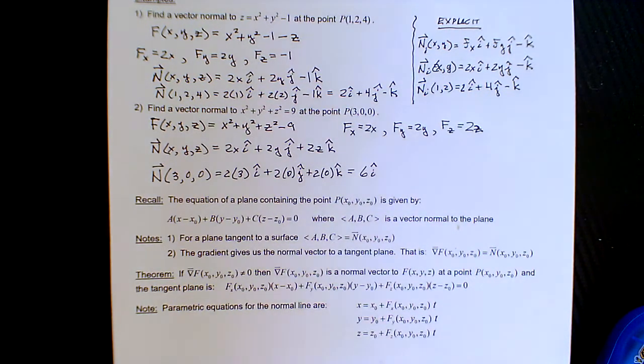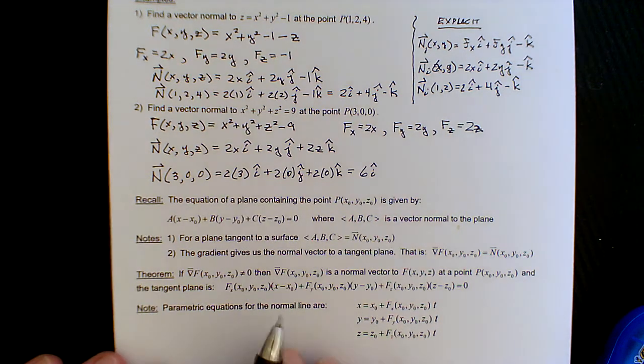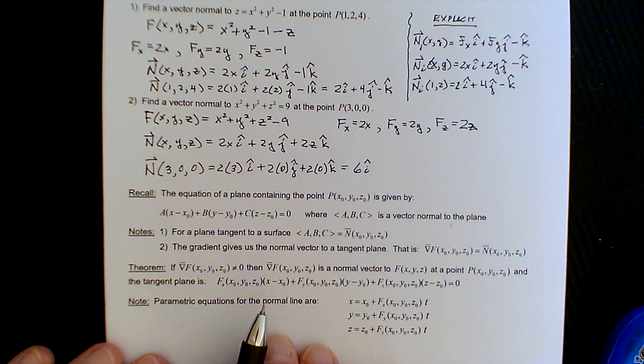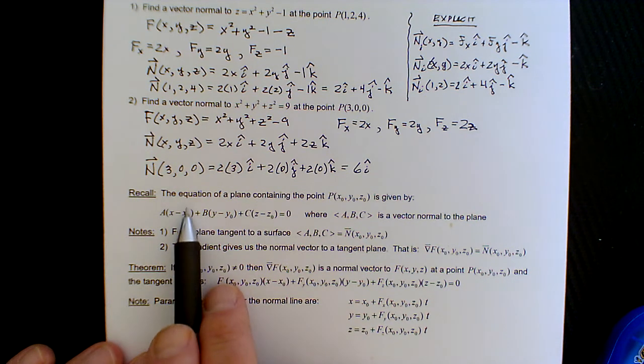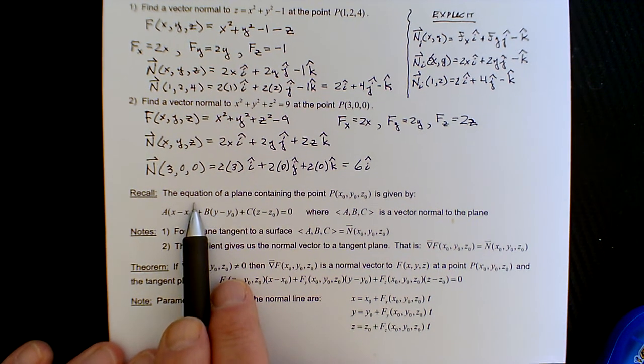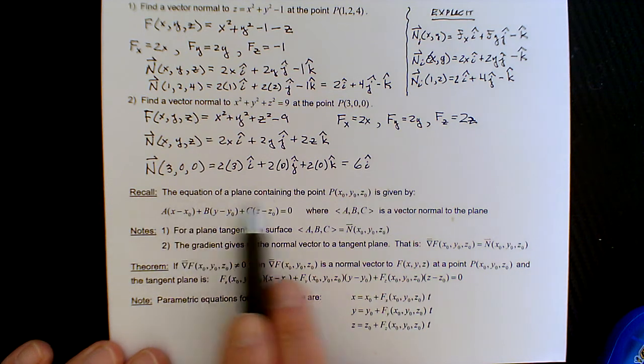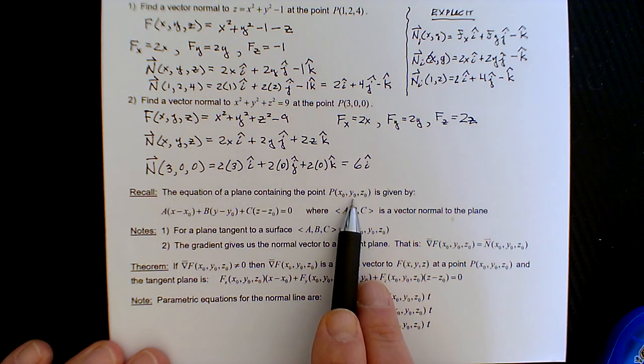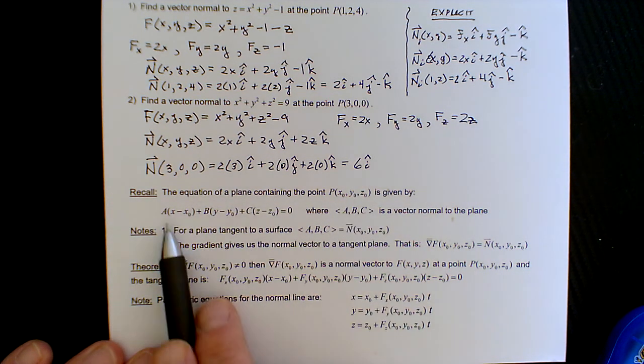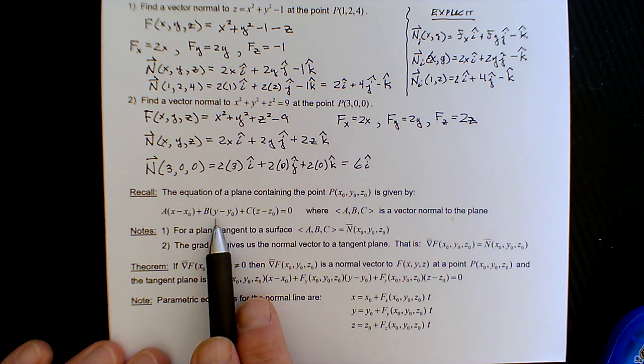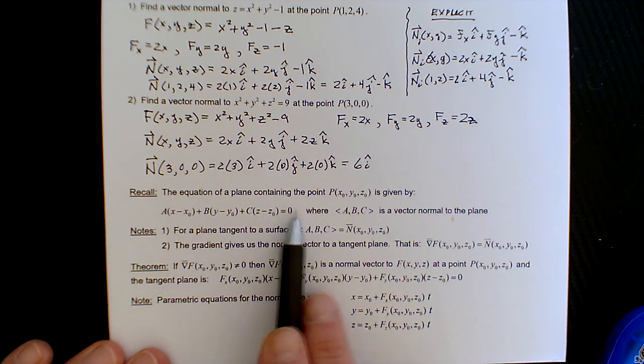Now we consider finding the normal line and a plane that's tangent to the surface. So recall from previous units, the equation of a plane that contains this point is given by a times x minus x0, plus b times y minus y0, plus c times z minus z0 is equal to 0.